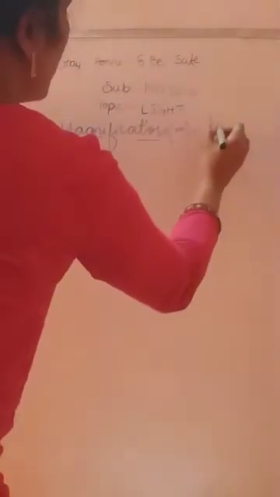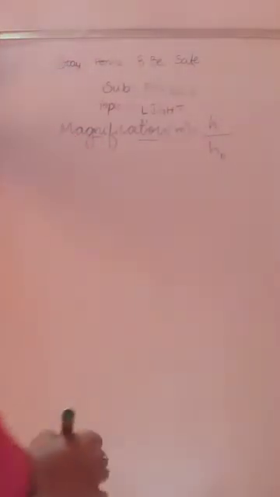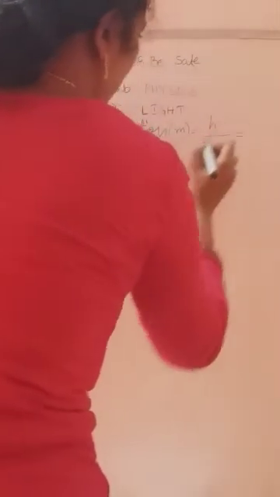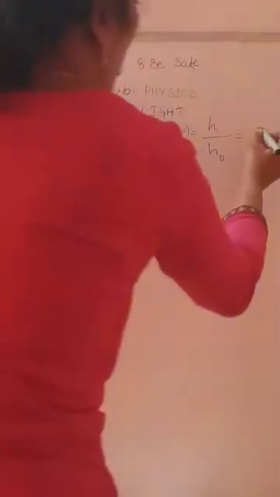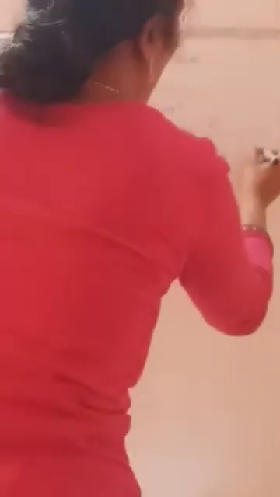The ratio of the height of the image. Magnification is denoted by the letter small m. So the ratio of the height of the image to the height of the object is called the magnification. In another definition, we can use either the height of the image and height of the object, or the ratio of the image distance to the object distance.